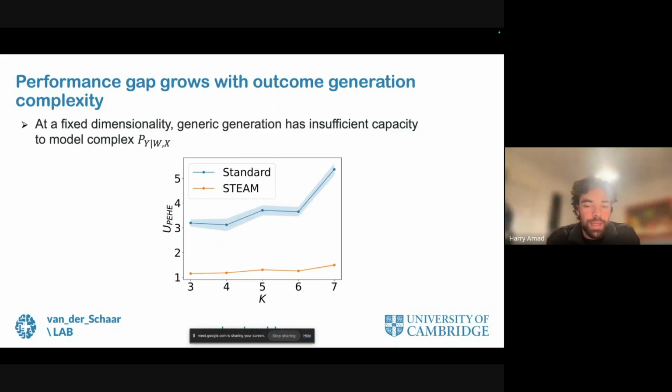And this is the exact same setup, except now we vary the number of covariates that the outcome generation mechanism depends on. And we see again that STEAM can capture these more complex distributions, but generic generative models perform much worse as they become more complex. And that's because, again, their capacity is lost on the high dimensional covariate distribution rather than focusing on these small but important distributions for causal analysis.